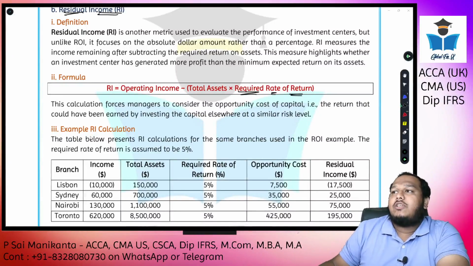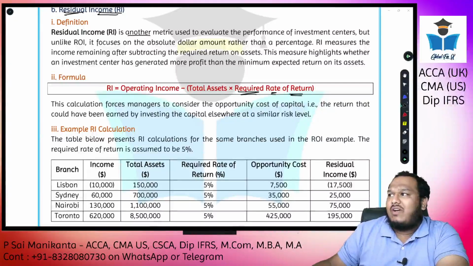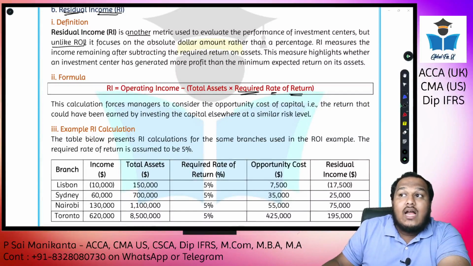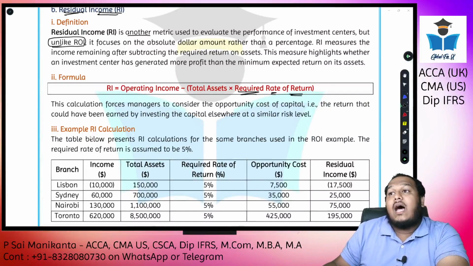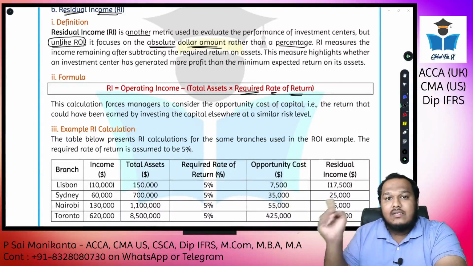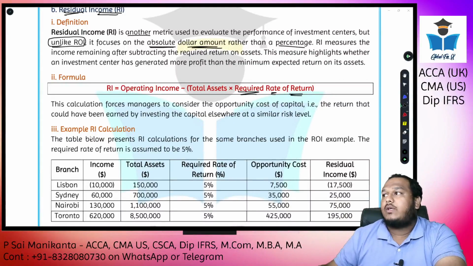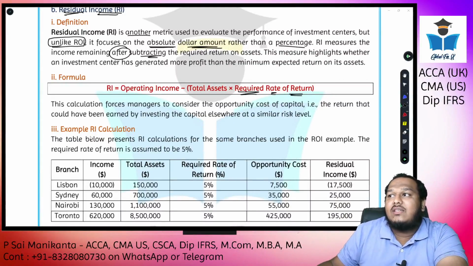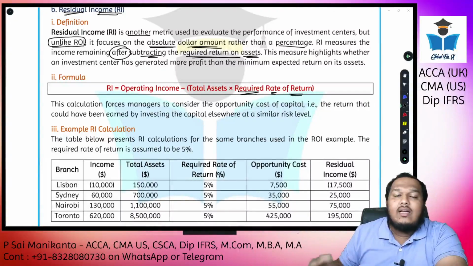See here, residual income is another metric which is used to evaluate the performance of the investment centers. But unlike ROI, which is a percentage number, it focuses on the absolute dollar amount rather than a percentage. ROI is a percentage, RI is a dollar amount. RI measures the income remaining after subtracting the required return on the assets.